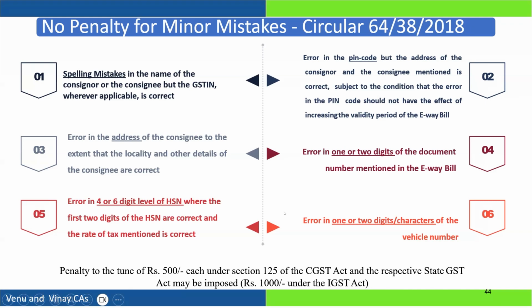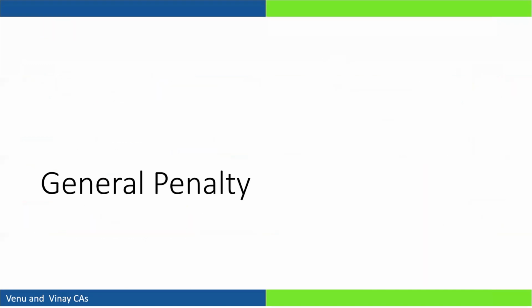The PIN code has an error, or the e-way bill document number, the invoice number, or the vehicle number has an error. Then the penalty, instead of 200% of the tax, is restricted to 1000 rupees, which is a smaller penalty, 500 rupees CGST and 500 rupees SGST. This is what the notice mentions.